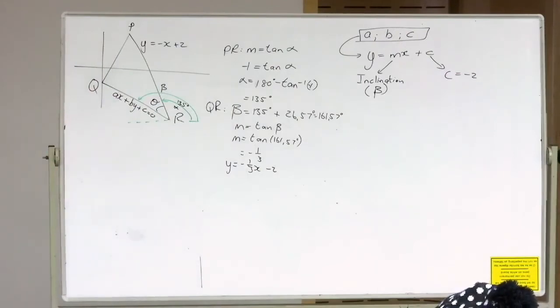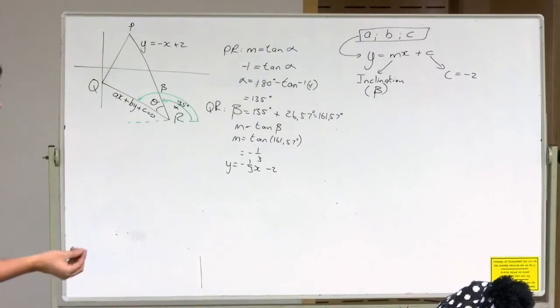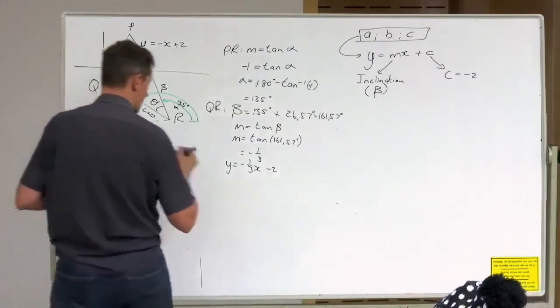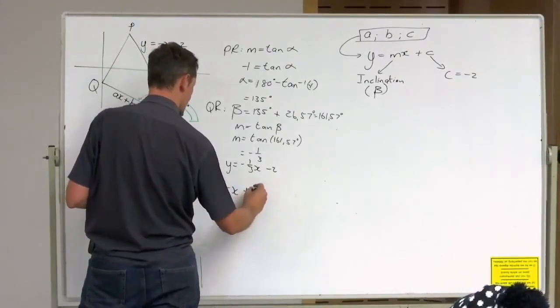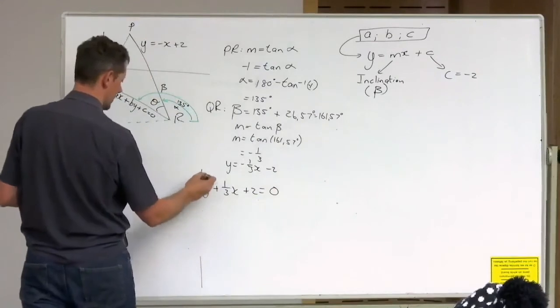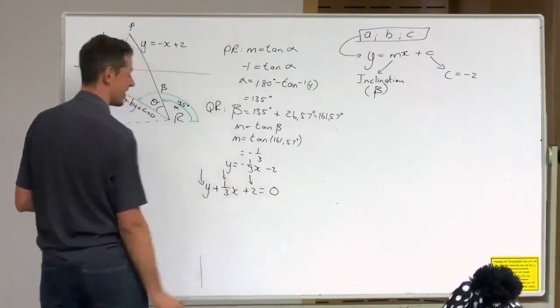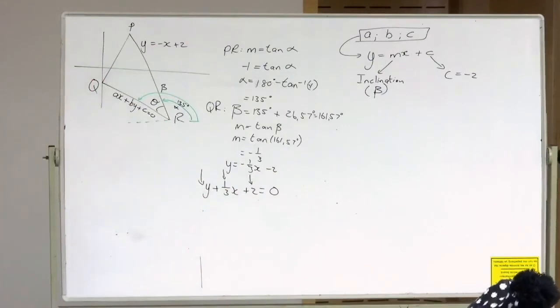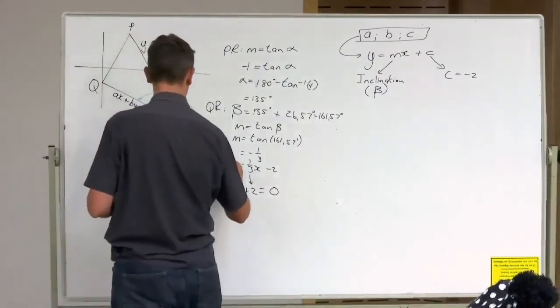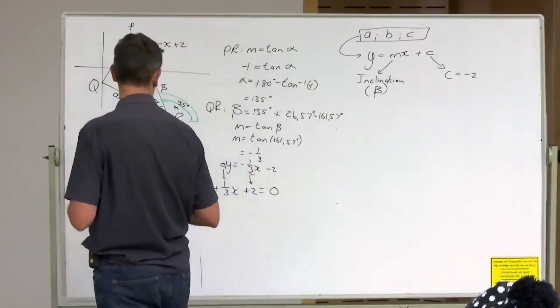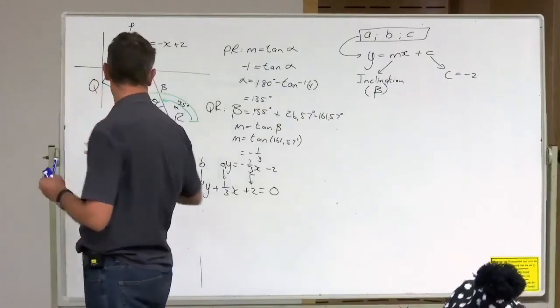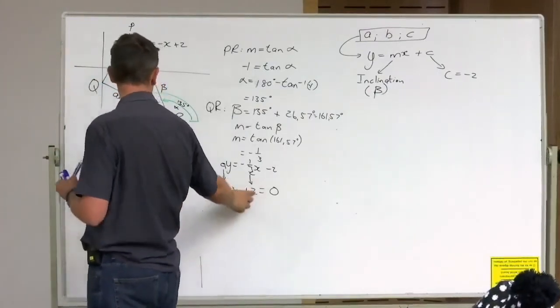I still haven't answered the question. The question is, I'm looking for A, B, and C. So I need to get this equal to 0, so I have A, B, C. A is whatever's in front of the x, B is whatever's in front of the y, C is on its own.